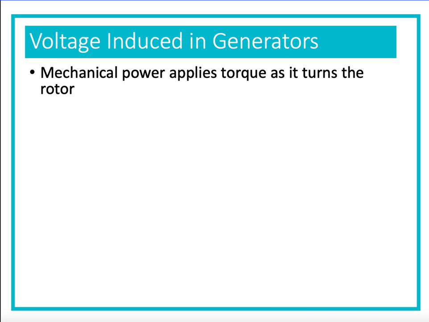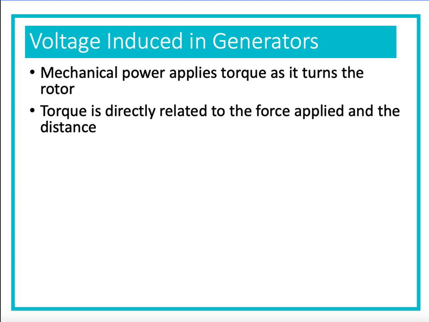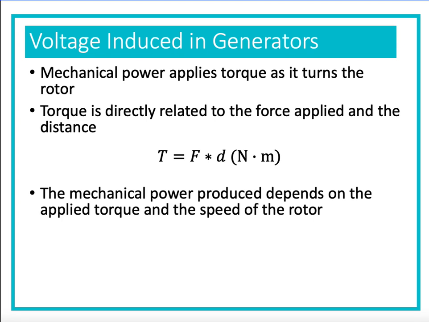And the mechanical power that's coming into a generator, this is where we get into the more mathematical part of this lecture. The mechanical power applies torque as it turns the rotor. You guys as mechanical engineers are all into torque, I know, so this is your chance. The torque is related to the force applied and the distance, which most people learn about in physics, and the mechanical power produced just depends on the applied torque and the speed of the rotor.